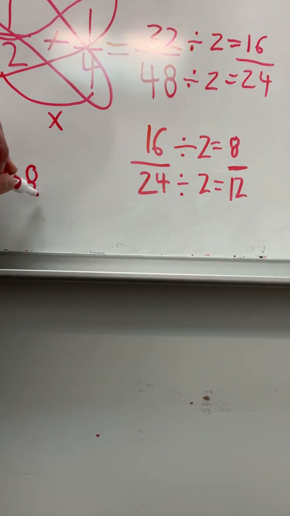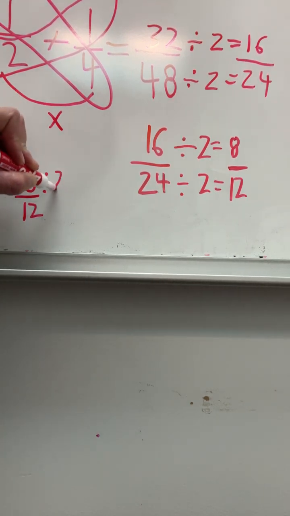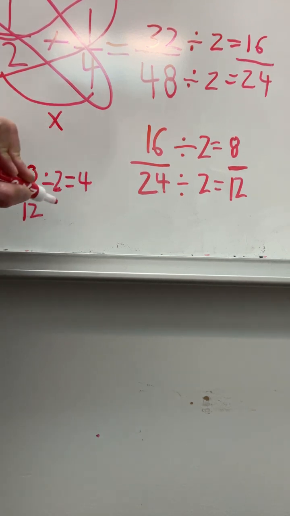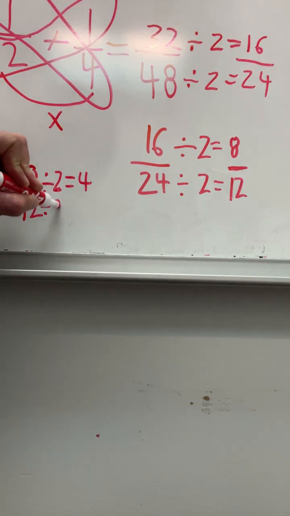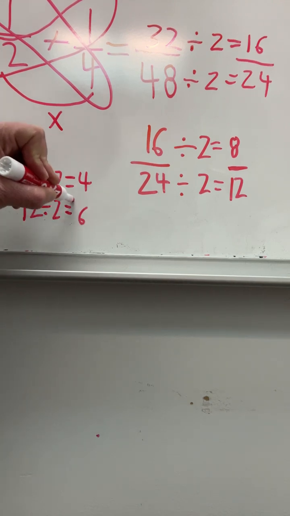And again, we can continue to simplify that. Both are even numbers, so 8 divided by 2 equals 4. 12 divided by 2 equals 6.